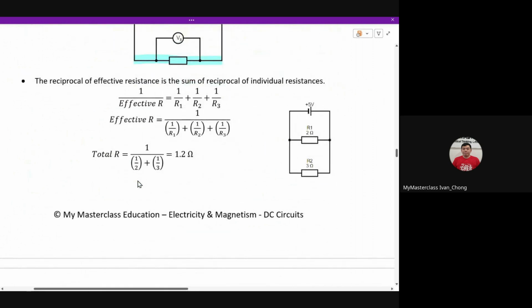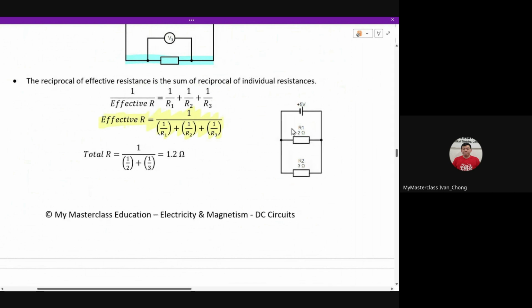Now, this one is a little bit more confusing. If you want to find effective resistance, we use this formula. We don't use the one on top, but the one on top is the official correct way of solving it. So for example, you have a standard parallel circuit with R1 and R2. If you want to find the effective, which is your total resistance, just throw in the numbers.